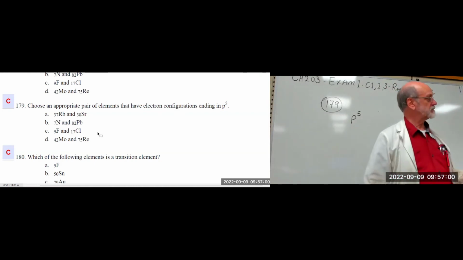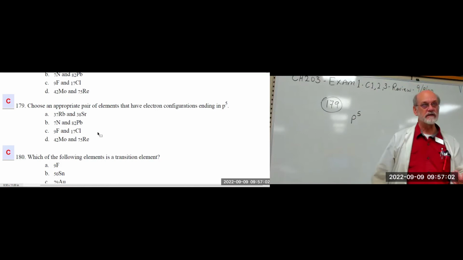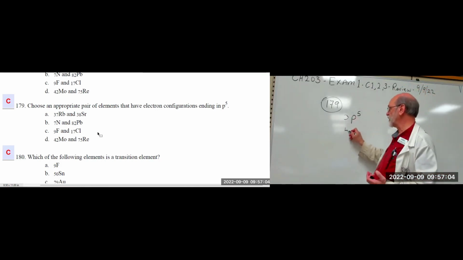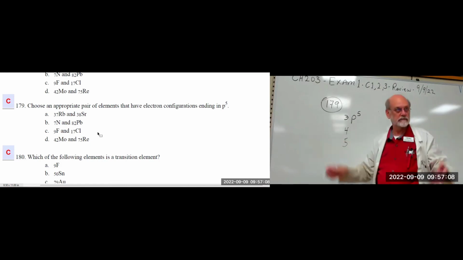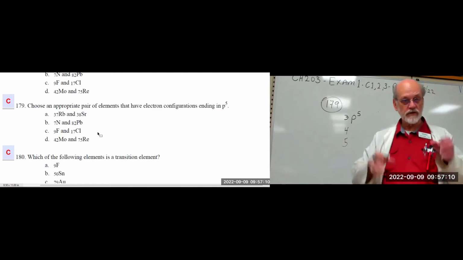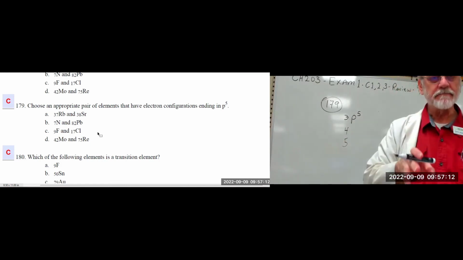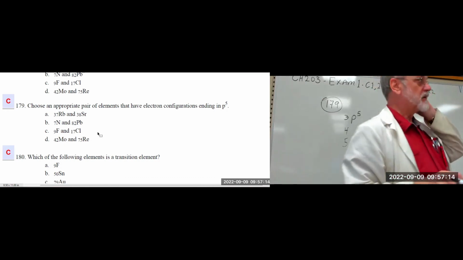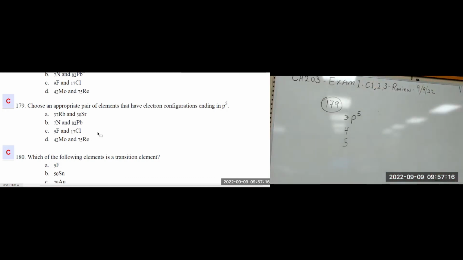It could be 3p, it could be 4p, it could be 5p. So you just look and see where we would be filling p5. These are s's, these are p's: p1, p2, p3, p4, p5.